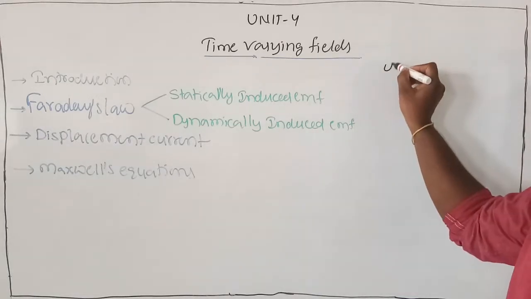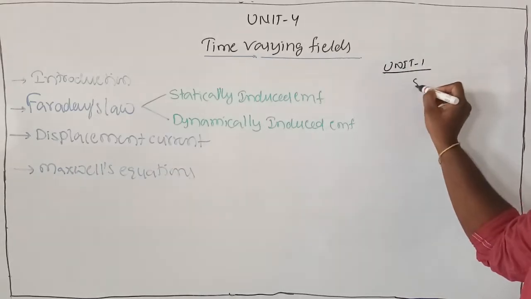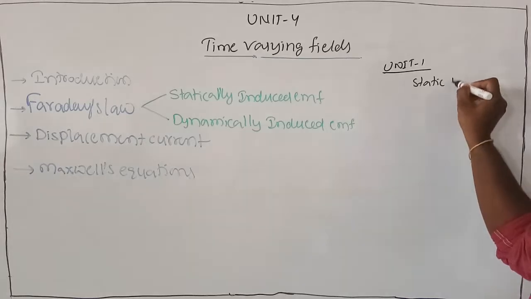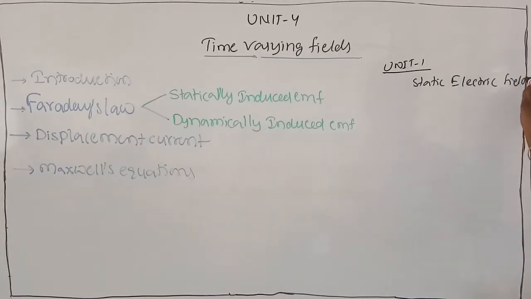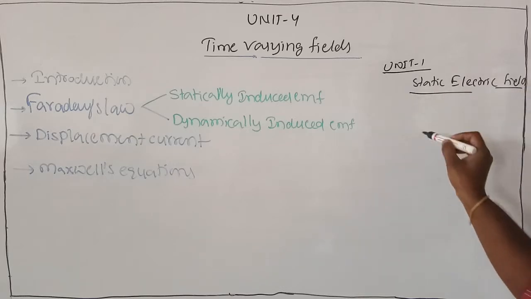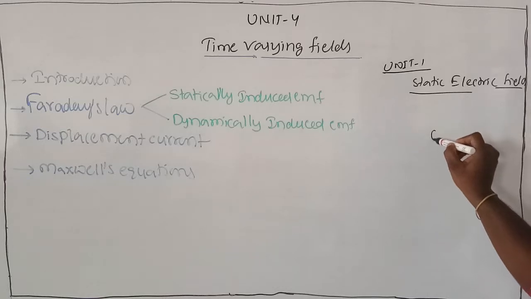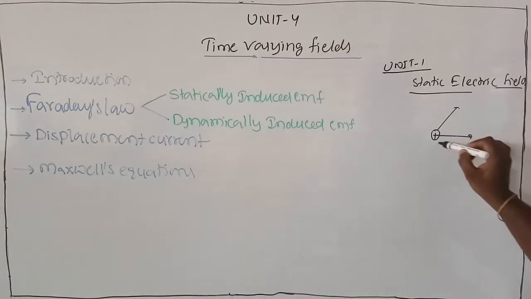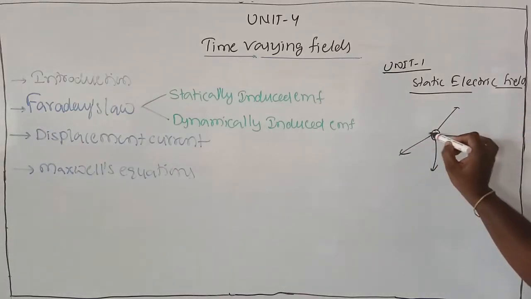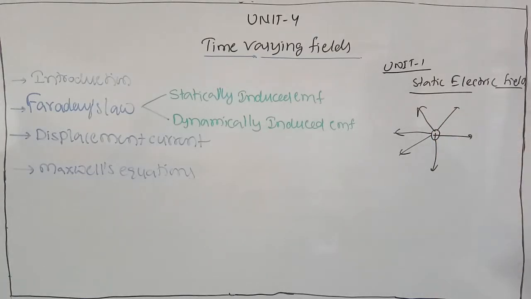In unit 1 we have the static electric field. What is meant by a static electric field? We already know that an electric field is produced due to charges, which may be positive or negative. The field produced around the charge like this is called an electric field.